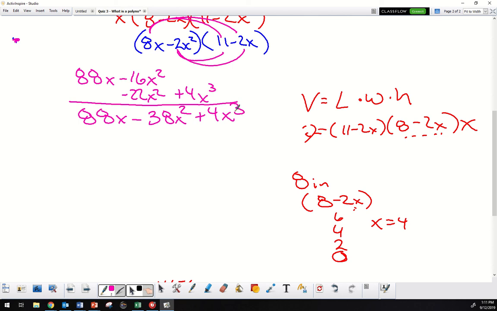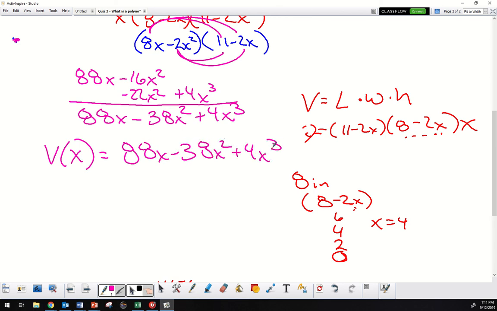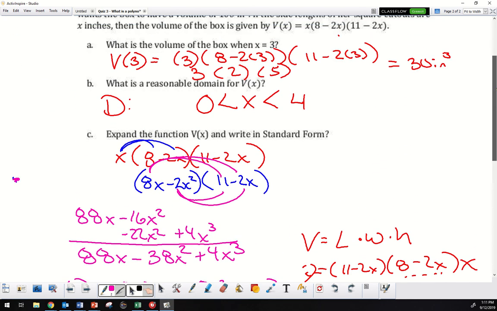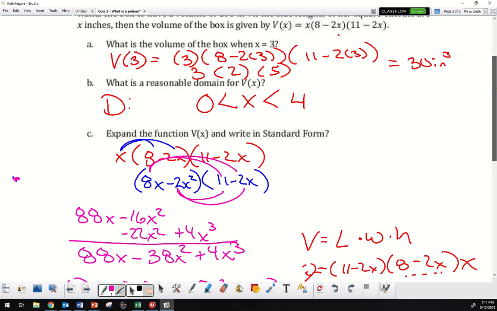So this is my v of x function. Okay, I think that one's it. In standard form, don't forget, that's it.